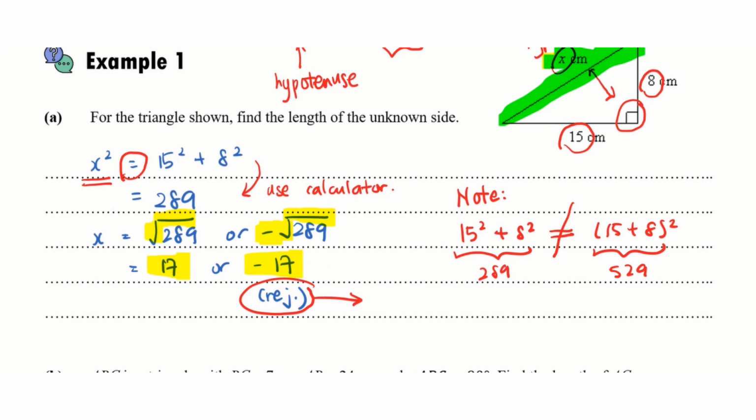Then after that, you put this bracket reject over here. So the reason for rejecting, just to write it down for you to take note, I reject because length can only be positive numbers. So that's why it cannot be negative. I hope you understand this concept.